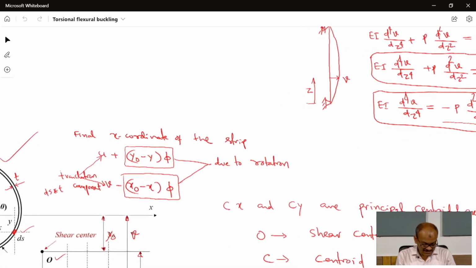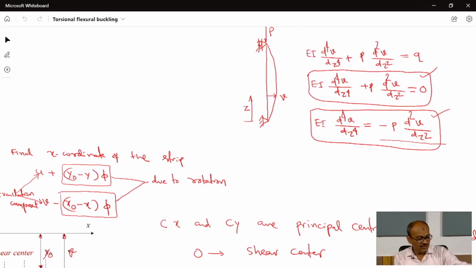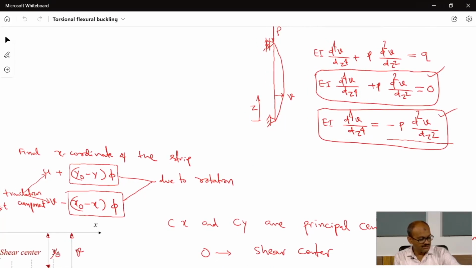Similarly, in this case, the x coordinate of the strip is u plus y naught minus y into phi, and v minus x naught minus x into phi. So, we can also write the column is subjected to the fictitious lateral load of intensity P into d square v by dz square.